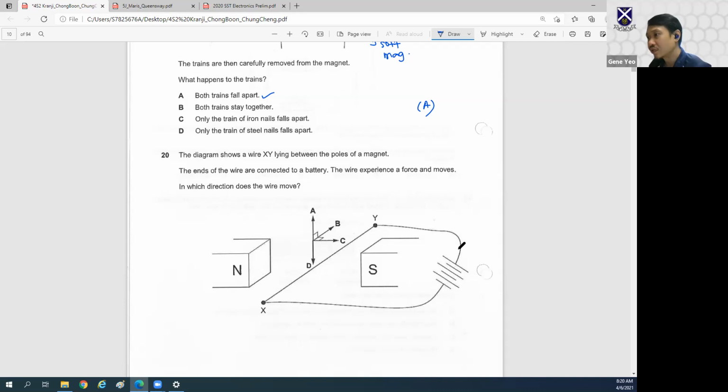So first of all, I have to know that this is a positive, this is a negative terminal of the battery. Current flows from positive, okay, to the negative. So I'm just concerned about XY, so I'm just going to follow the current direction. Current direction comes here. All right, so now I have the necessary information in order to employ Fleming's left-hand rule.